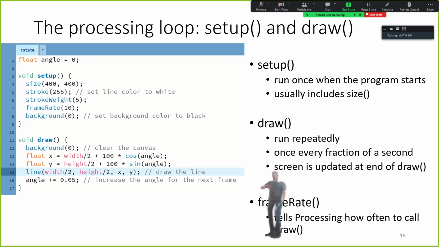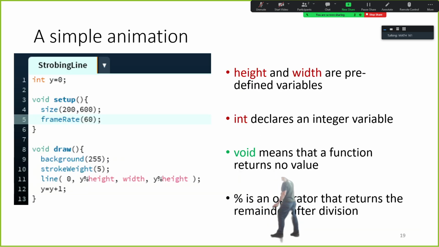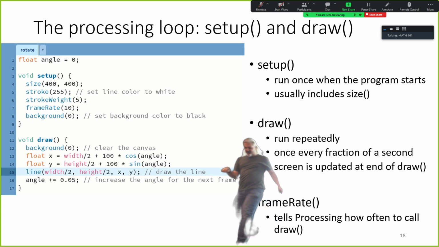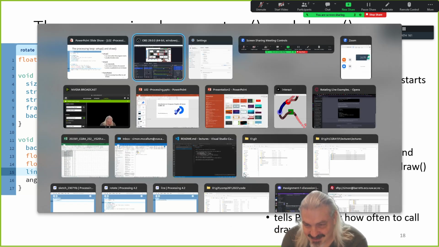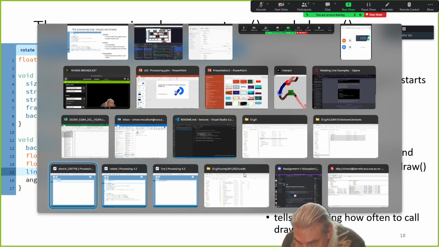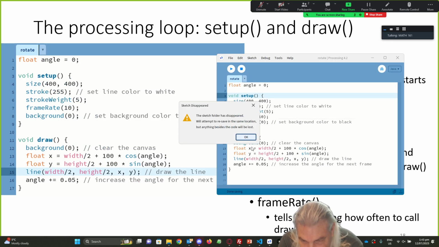Okay, so I'll jump down and show you that in the code. Let's go to my live coding. So let's jump into Processing. I've got too many things open. There we go. The sketch folder has disconnected.